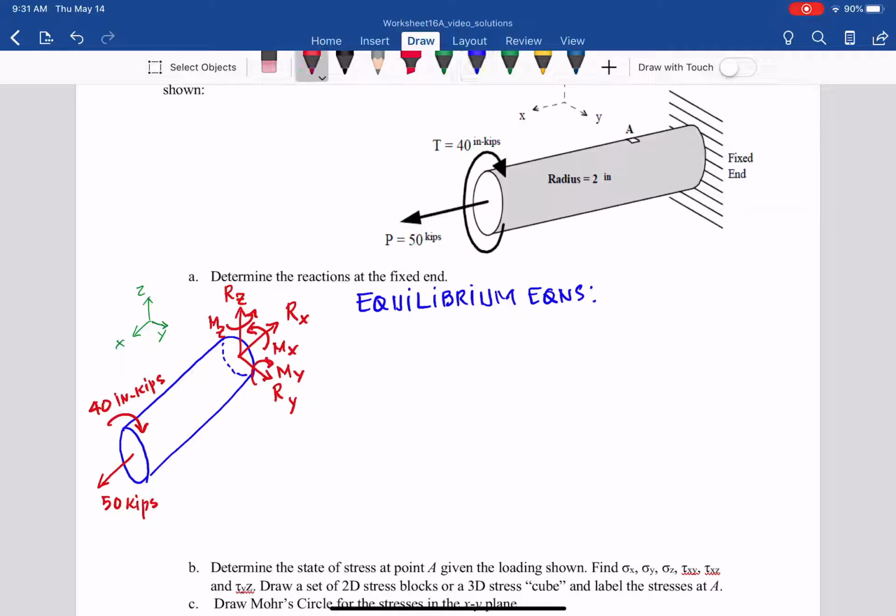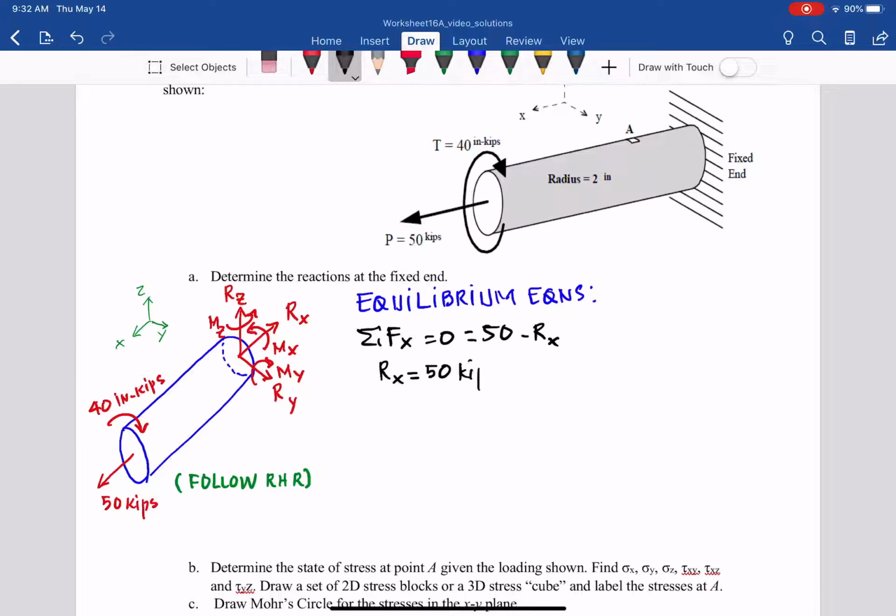Sum of all the forces in X equals 0, which gives Rx equal to 50 kips.